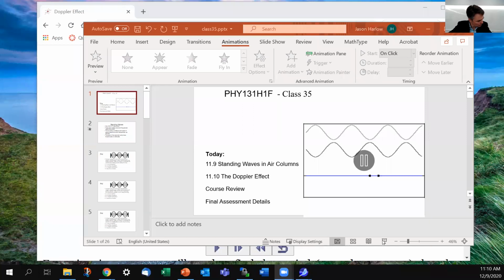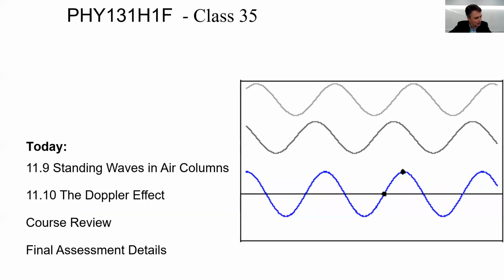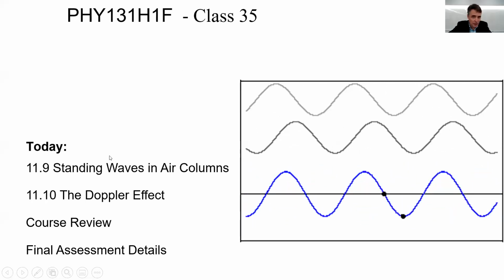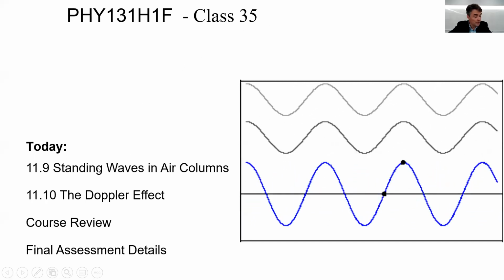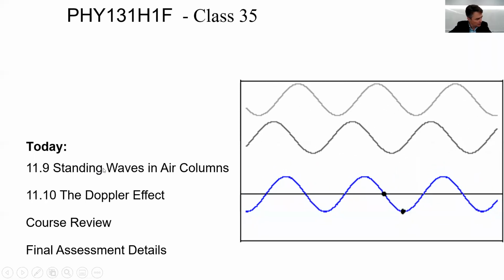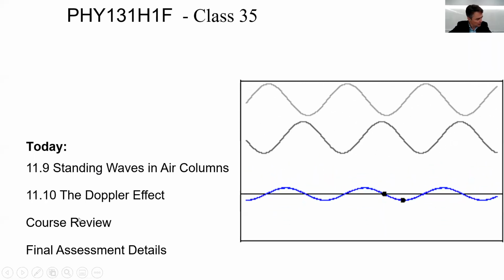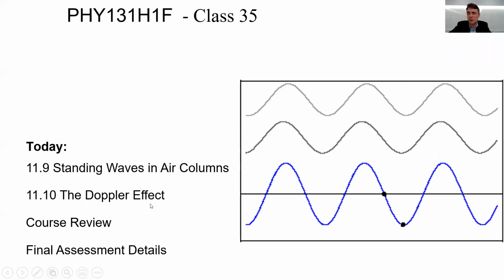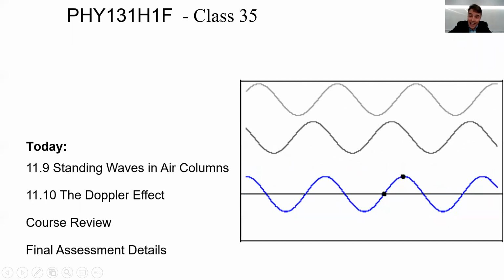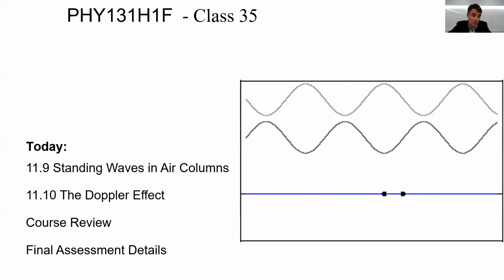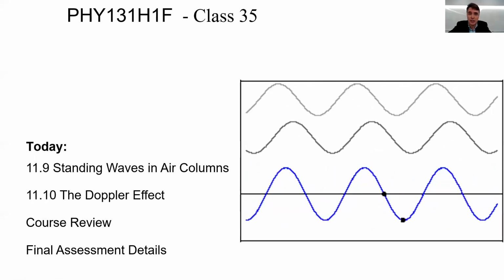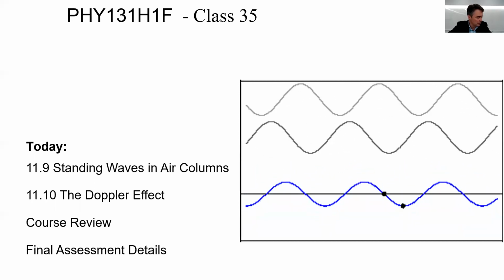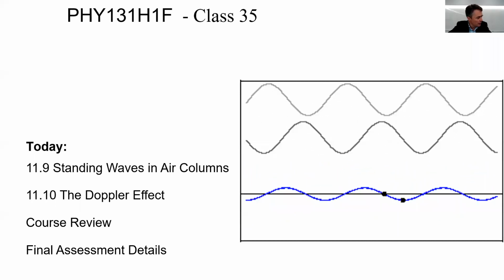And show what's on the agenda for today. Class 35 of 36, I guess. Today I want to finish talking about standing waves. I want to talk about the Doppler effect and the equations given in Akina for that. And then I'm going to do some course review, try to go over some of the things that were hardest. And in fact, the 4 team-up questions, which you should now be able to see, you shouldn't do yet, but we'll do it tomorrow. But you can see that there is going to be one tomorrow.